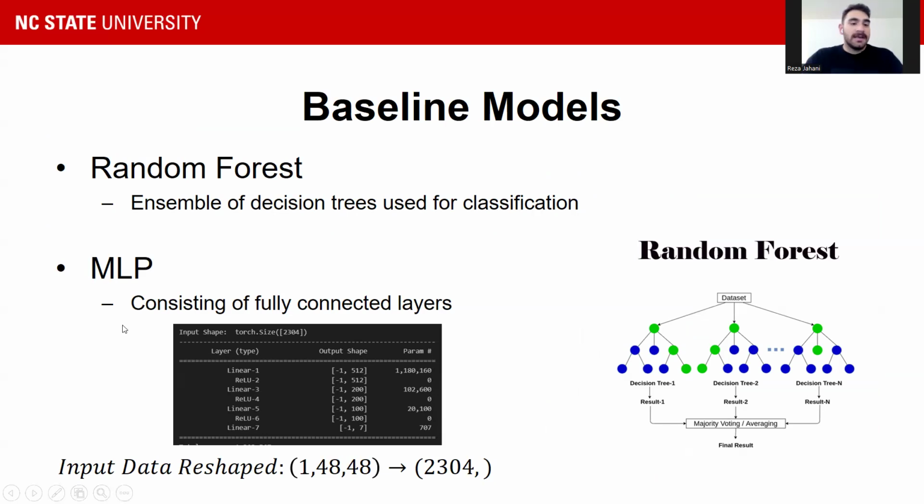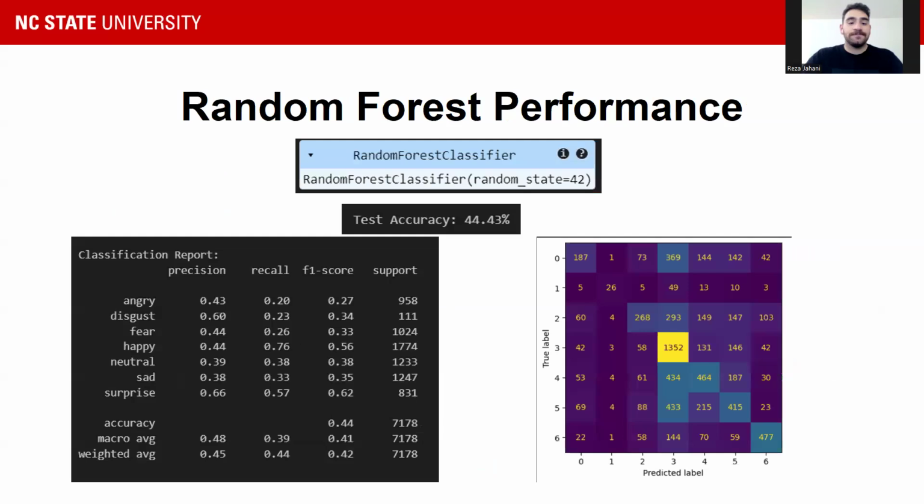And MLP is just simple fully connected layers cascaded to each other, as we can see in the architecture in this picture. One more thing I should mention is that as we are using random forest and MLP for the baseline models, we are no longer able to feed the 48 by 48 pictures. So we flatten the data to 2304, so we no longer have a matrix but a vector.